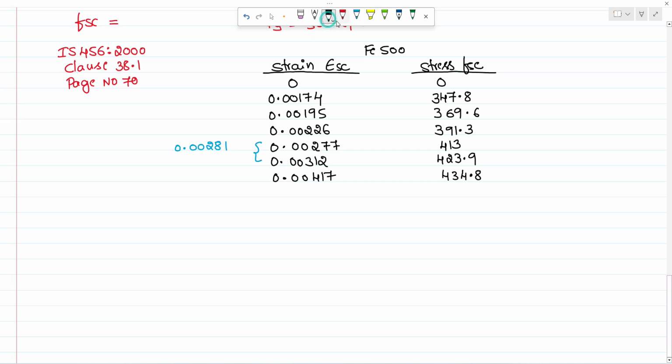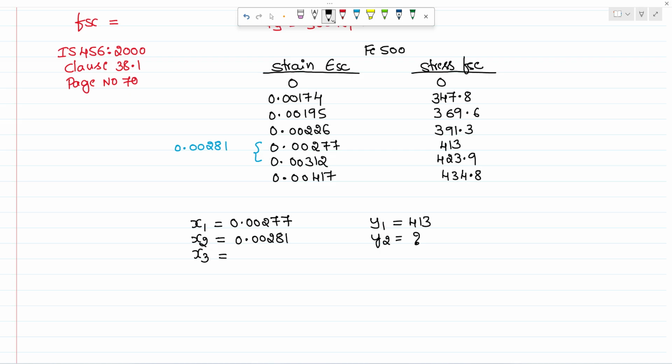So you can do linear interpolation. Here x1 is 0.00277, for which the corresponding y1 will be 413. x2 is 0.00281, for which y2 is required to be calculated.